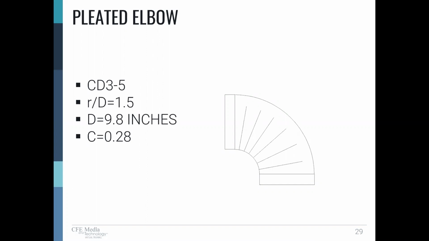It uses the same diameter. And the C is 0.28. So if you compare that to the first one that we looked at, it's over 2.5 times the losses of the die stamped radius elbow, which if you have a bunch of these, that adds up really quickly. So we're going to look at ones that even get worse than this.